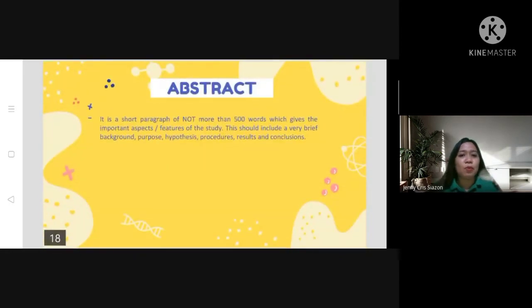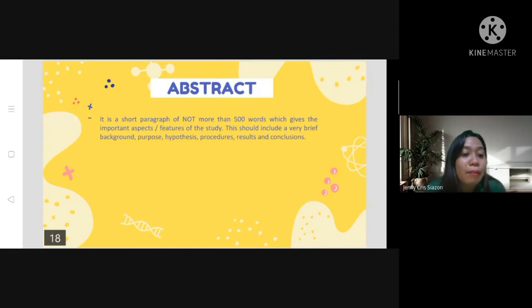So let us know what is an abstract. Okay, so an abstract is a short paragraph of not more than 500 words, which gives the important aspects or features of the study. Hindi mo magagawa ang abstract kapag hindi mo pa tapos ang iyong study. Okay? Because it has these 5 components.